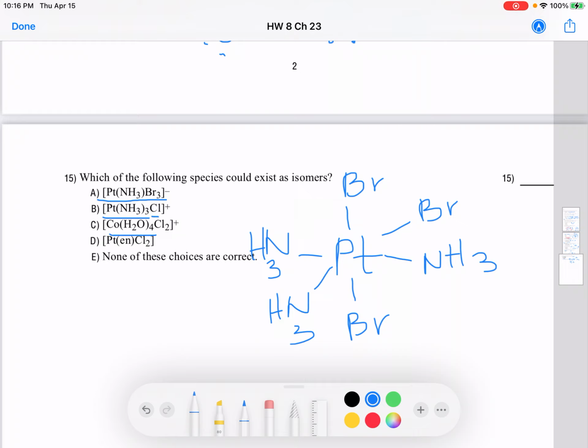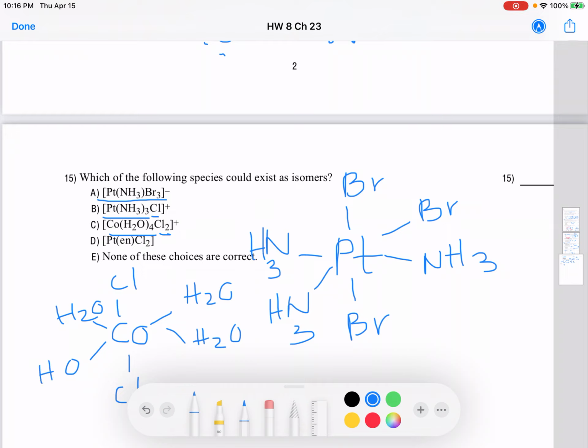And for this one you have 4 water and 2 chlorides. If you take cobalt and put 1 chlorine here, 1 chlorine here, and water, water, water, and water, the 2 chlorides are opposite each other.